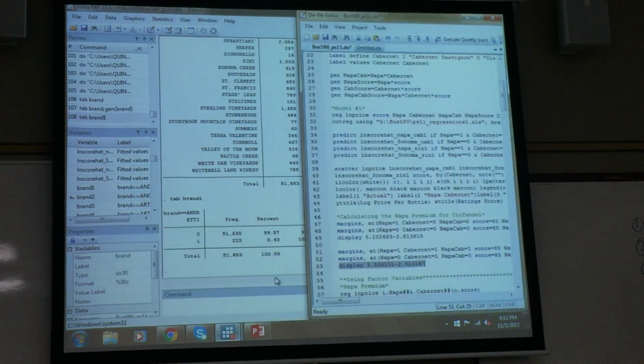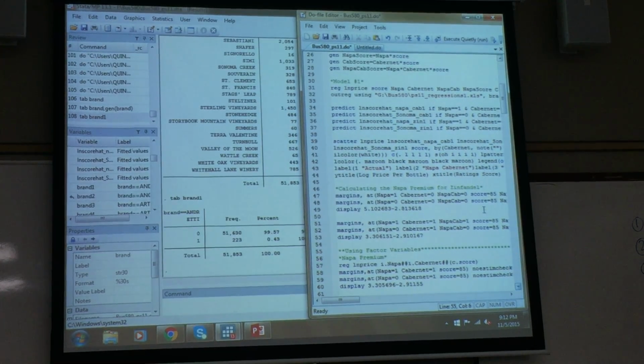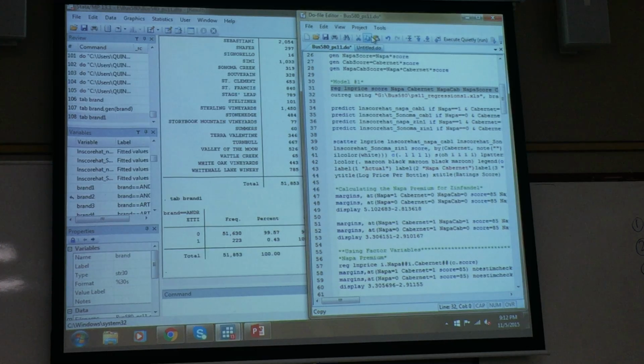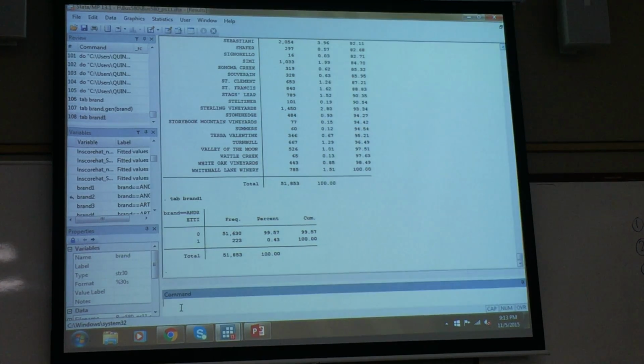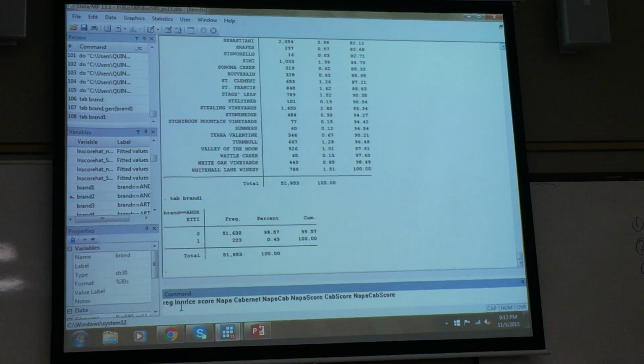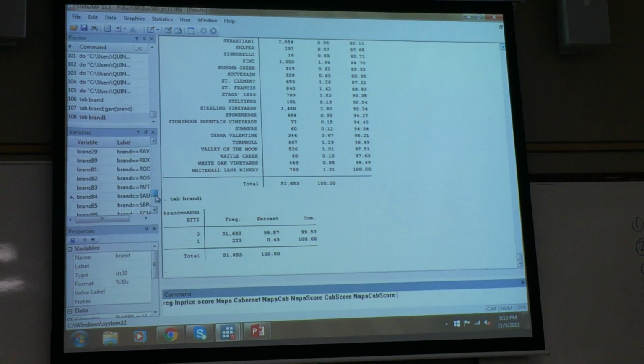Now what we can do is go to our previous model, and we've got to add all those dummies. So how many dummies are there? 107. So we need to include what? 106. We don't even have to type all 106 of them. We just have to say brand2 through brand106.